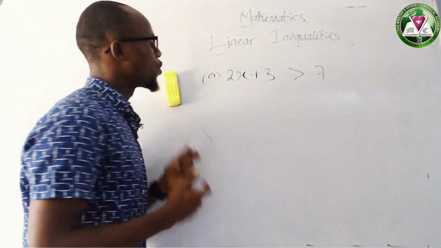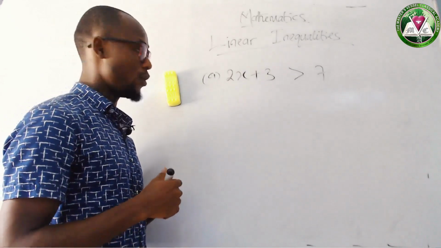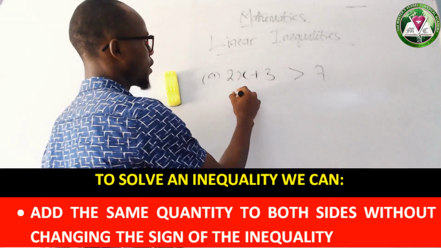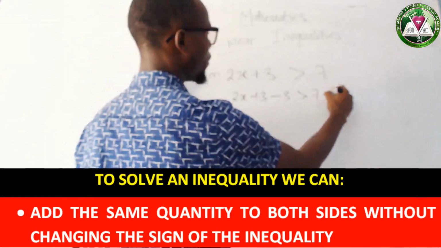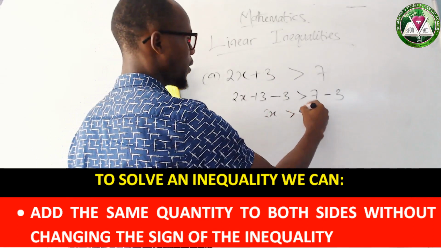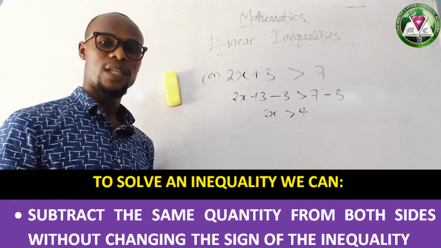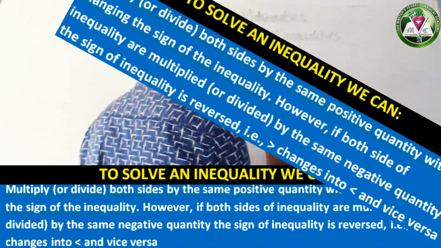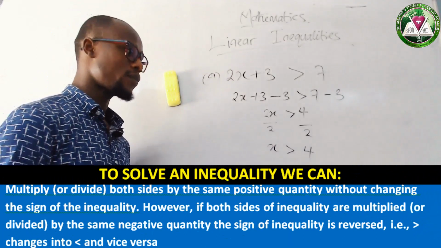To solve this, we eliminate the constant on the left-hand side, which is plus 3, by subtracting 3 from both sides. So we have 2x plus 3 minus 3 greater than 7 minus 3, which gives 2x greater than 4. Now to solve for x, we divide both sides by 2, and we have x greater than 2.